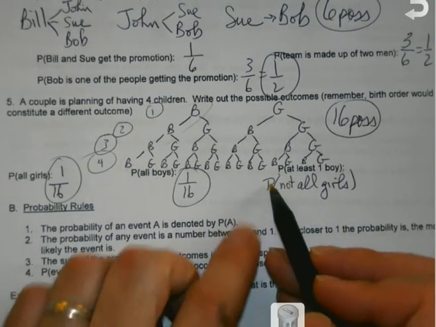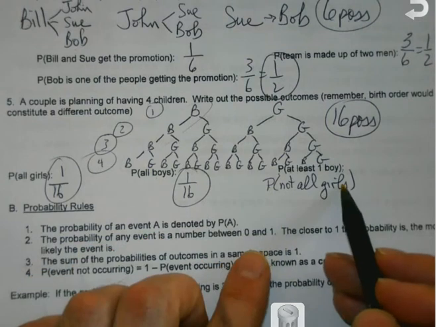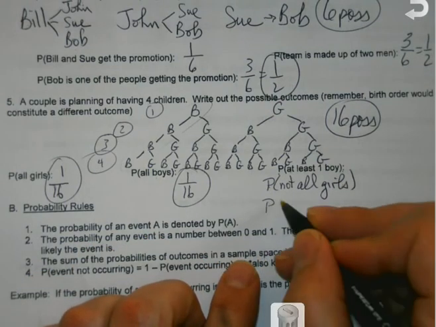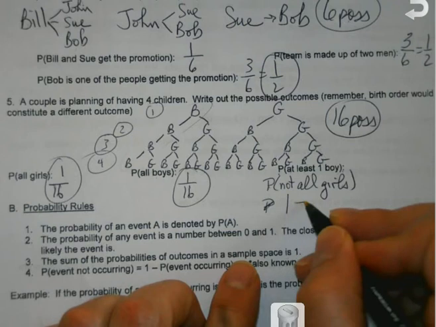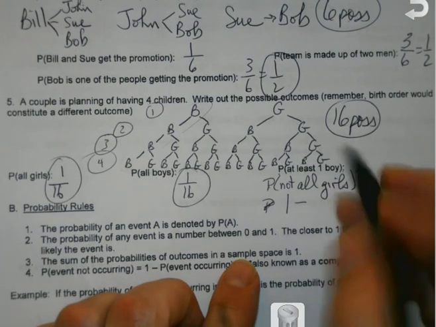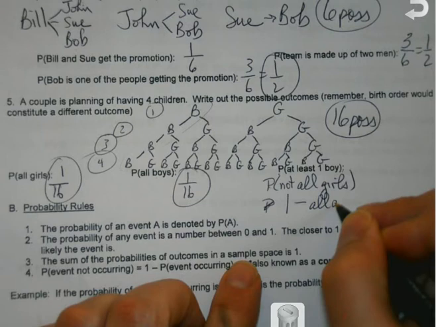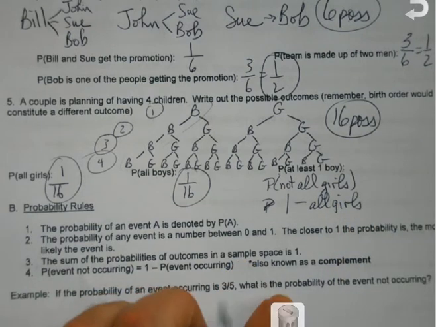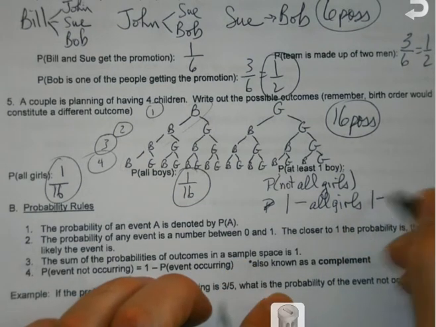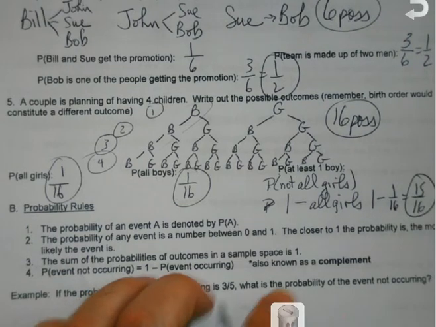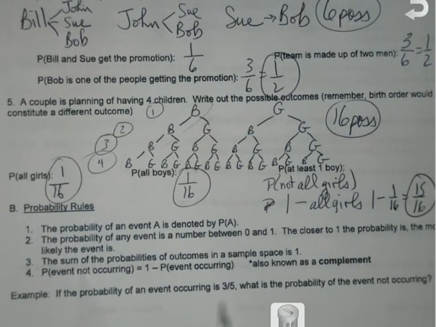But if I say, wait a minute, the probability of not all girls, so I'd have 1 minus the chance of getting all girls. So 1 minus 1/16 means there's a 15 out of 16 chance I'm going to get at least one boy. So reading a little deeper into the question can actually save you some time, because maybe you can look at it a different way.